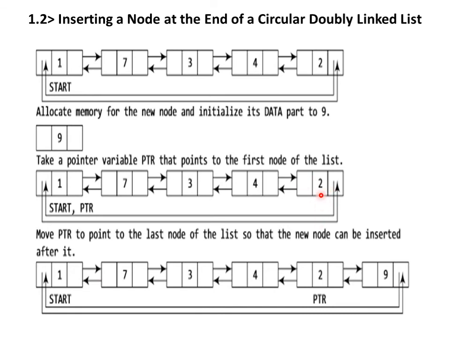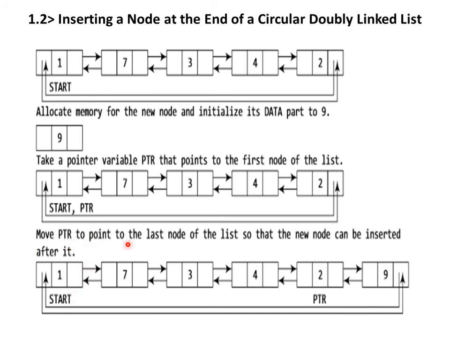If I take temp as 2, what happens? Temp of next equals, here I am taking a new node, that is temp of next, that is a pointer variable. I am taking temp as a variable, then temp of next equals prev of new node, that is prev of new, and then last, this last variable, this address is connected to the start variable. That means new of next equals the start of the first one, that is start of the prev.